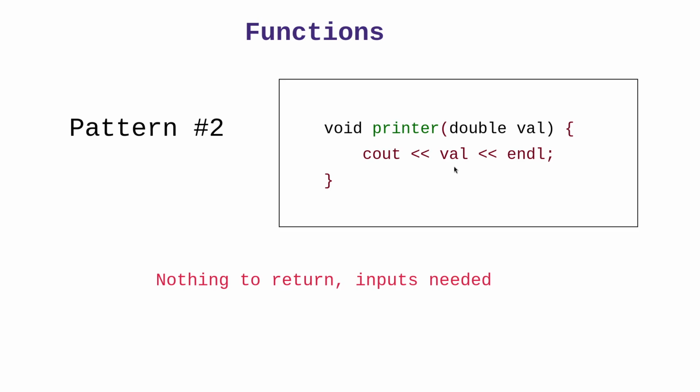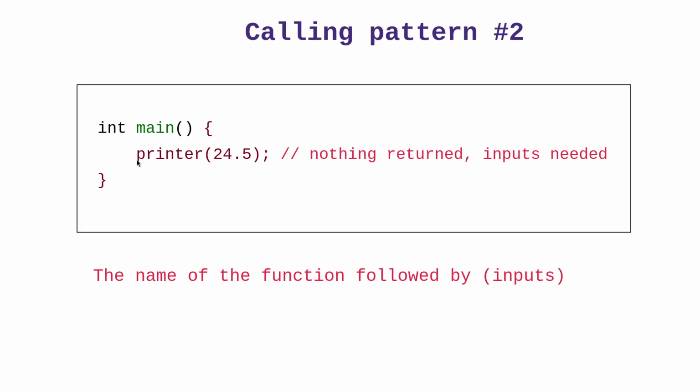Again, still void. So notice there is no return statement anywhere in this function body. How do you call such a function? It's quite straightforward. You write the name of the function, and then you simply pass in a value. Okay, and that's it. Let's switch over to Visual Studio Code and code this up.